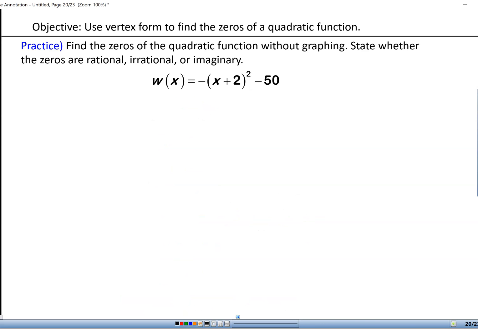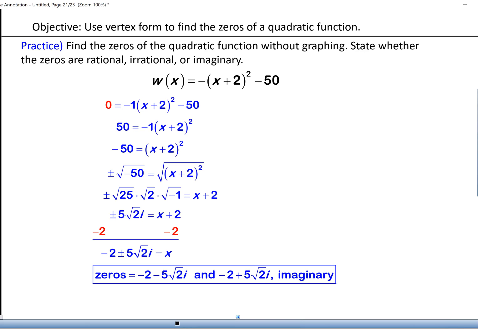Another practice problem to try. Let's take a look. All right, so for this one, after your 0 equals, you should start by adding 50 and then dividing by negative 1. So what you're taking the square root of is negative 50. And so here it is shown as a simplifying.